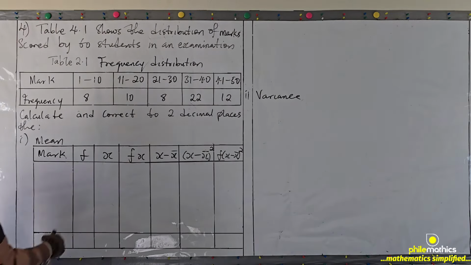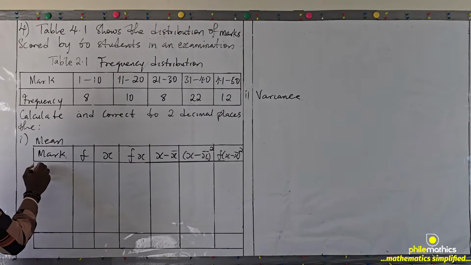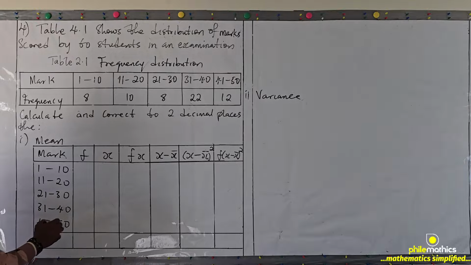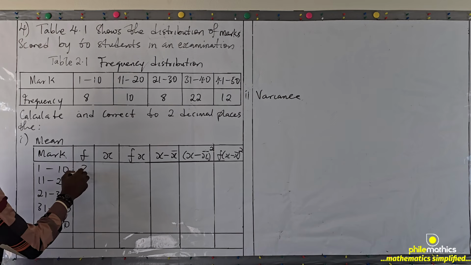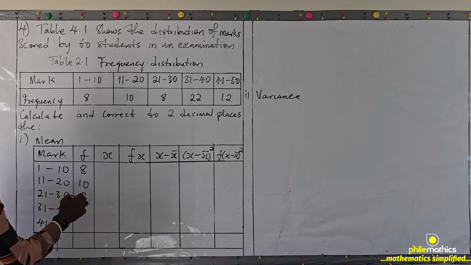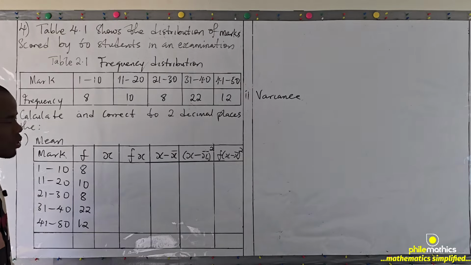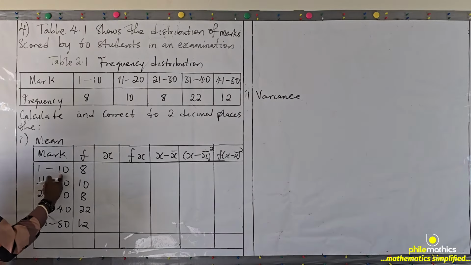So we can start putting the marks. So we have 1 to 10, 11 to 20, 21 to 30, 31 to 40, 41 to 50. And the frequencies are 8, 10, 8, 22, 12. And for us to find what x is, we find the average of these two.